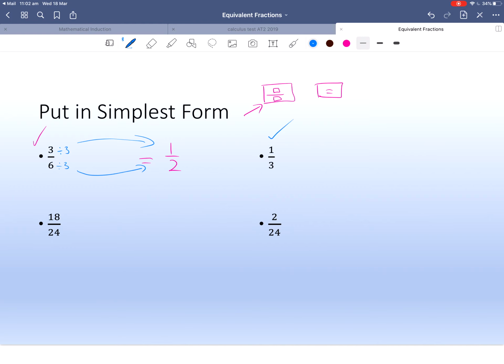What about this one? What number goes into both of them? I can't think of any. Actually, I'm going to put it in my calculator, press equals, and I get 1 over 3. So this is already in simplest form.